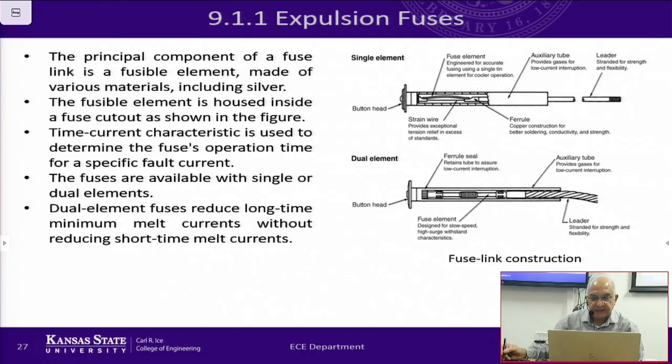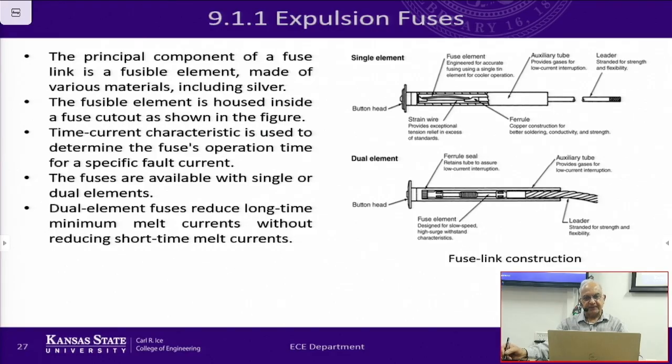Same thing, the fuse element. When a large amount of current flows through the fuse, that part becomes hot and it melts. So this is basically the inside of the fuse.